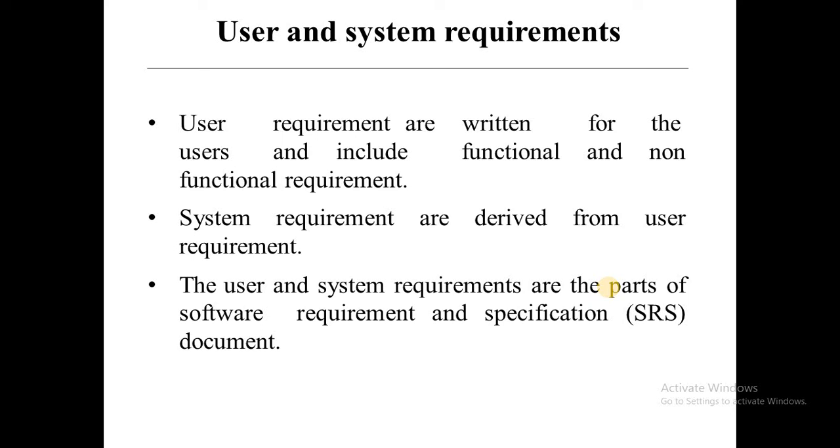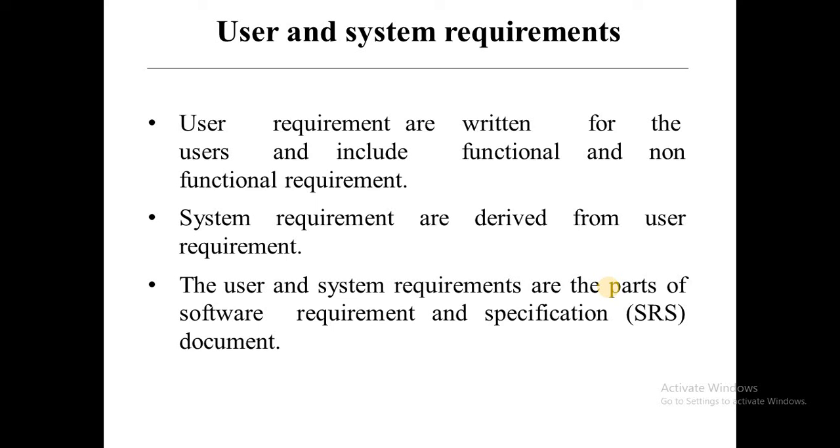System requirements are derived from the user requirements. A system requirement can be a software-related or hardware-related requirement. Obviously, after building the software product, that product needs some software, and it depends on hardware also. So system requirements can be either software-related or hardware-related requirements.